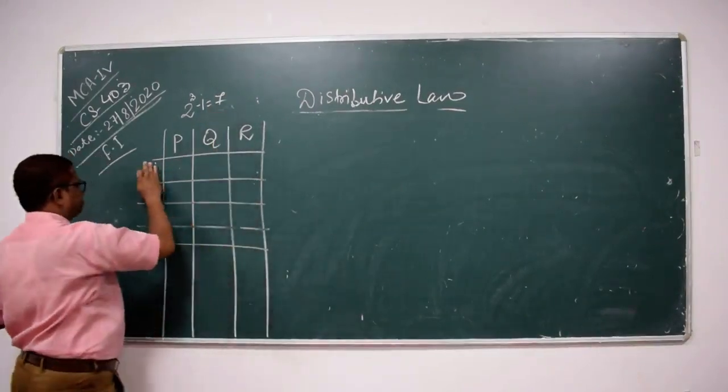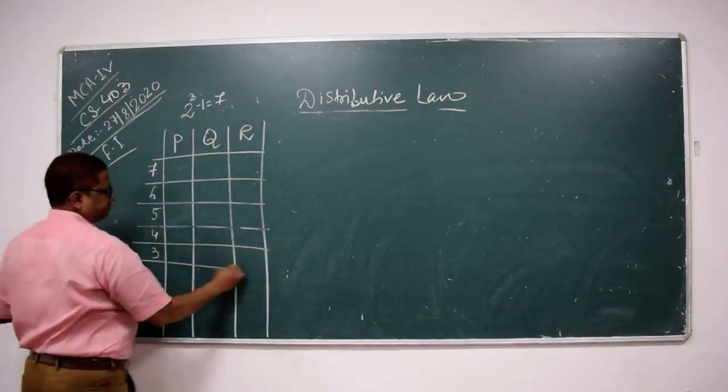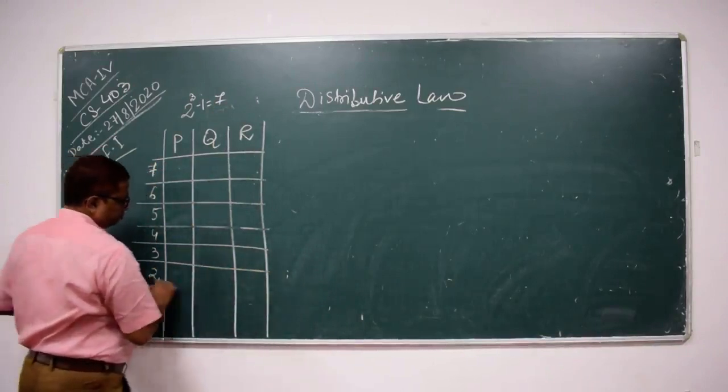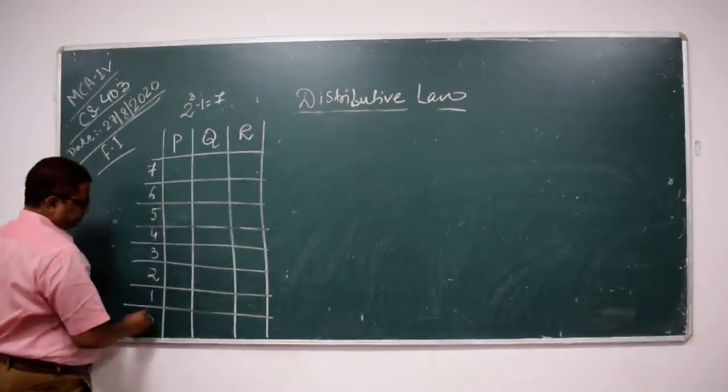Write down the numbers in descending order: 7, 6, 5, 4, 3, 2, 1 and the last one is 0.